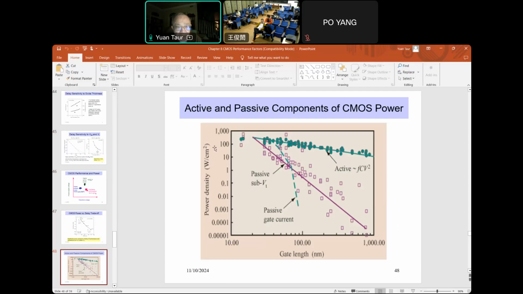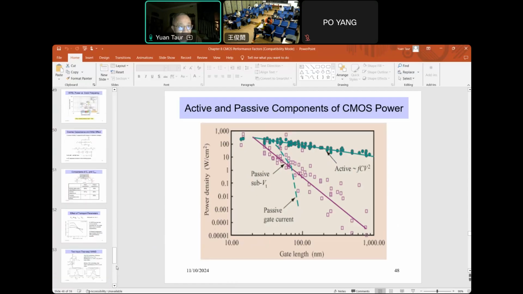So 1,000 watts per square centimeter is the limit. That cannot be reached; we can stay below that. So gate length is somewhere between 10 and 20 nanometers, but it's hard to get even shorter than that from the power point of view.